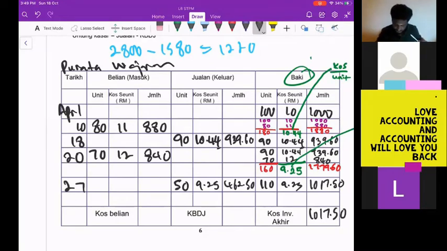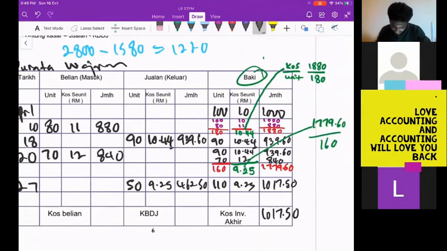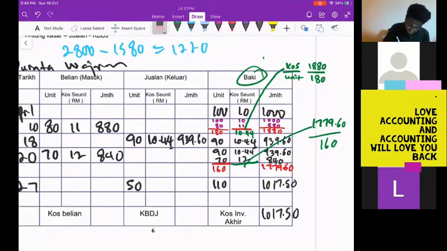Oh, sorry. I'm very weak in mathematics. Sir, 179.60 divide with under 60, you get 11.12. Sorry. 11.12 times 50, you get 556, betul?